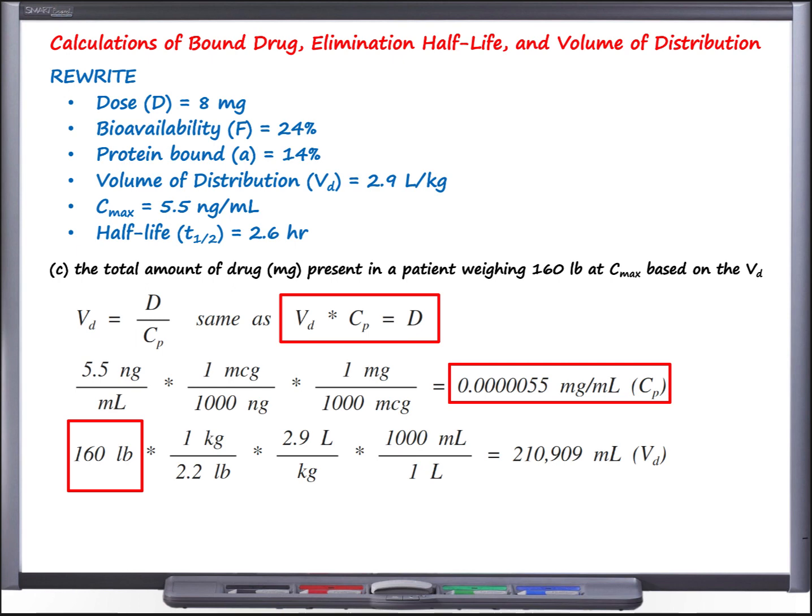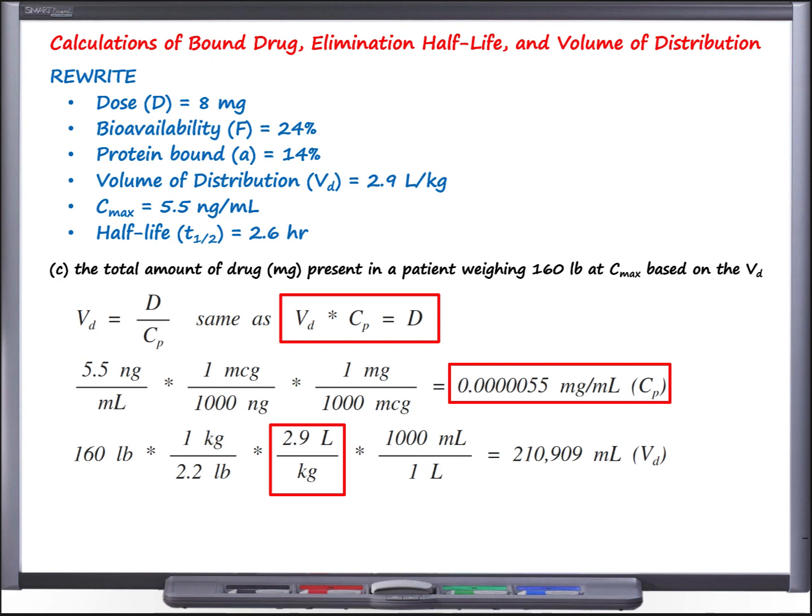So let's start with the patient's weight, which was given to us as 160 pounds. We're going to multiply that to convert to kilograms by the fact that in every 1 kilogram, there are 2.2 pounds. So pounds will cancel. Then we can multiply that by the VD of 2.9 liters per kilogram. Now kilograms will cancel and we'll be in liters.